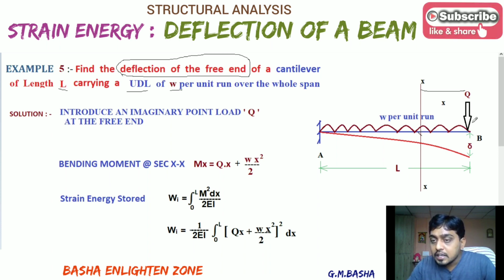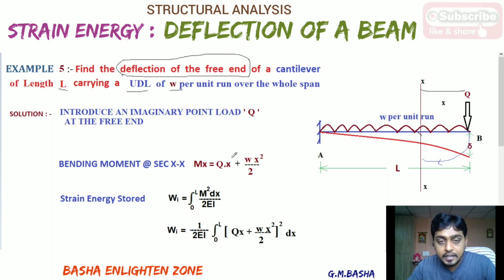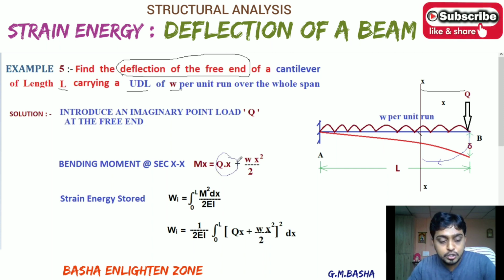See here, there is a point load, so I am resolving this point load up to this section, means force into distance is the moment. Force is acting downwards, and it acts towards section X. Force into distance means Q into X. See here, which is acting clockwise, therefore I am taking it positive.